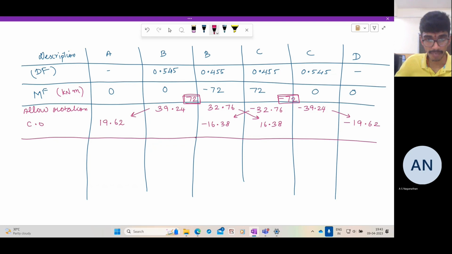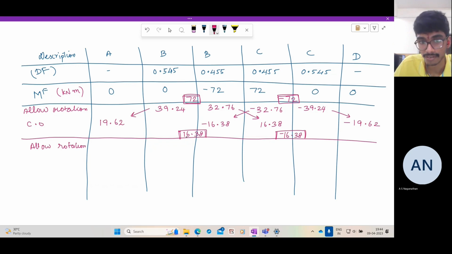Now again, look at the joint B. You have an unbalanced moment of 16.38 here. So apply a counter moment of 16.38. Here you need to apply a counter moment of minus 16.38. So again, assume it is fixed. Now allow a rotation.